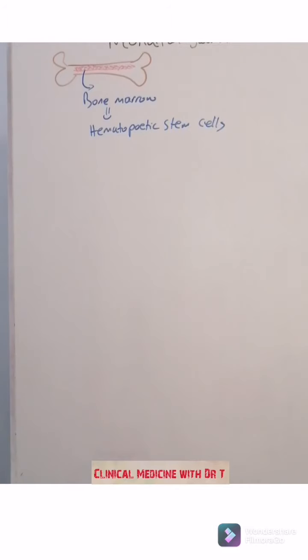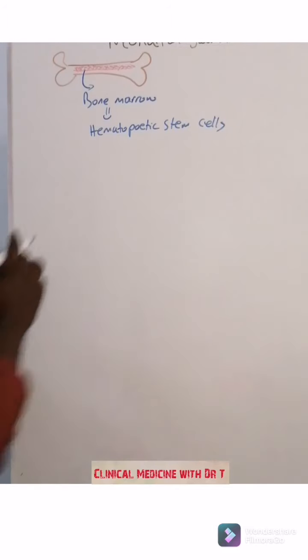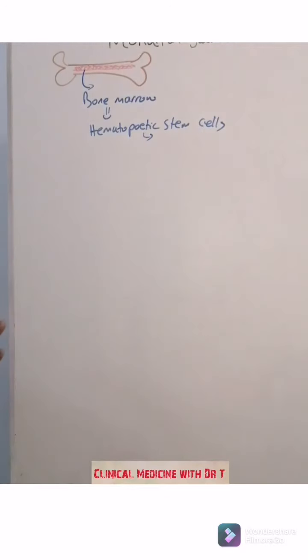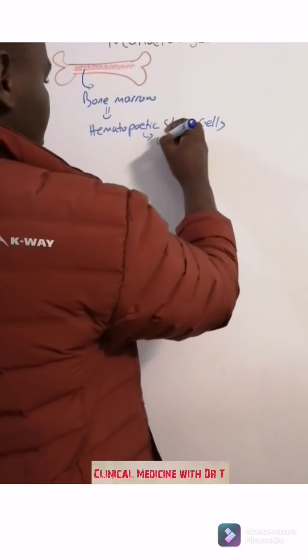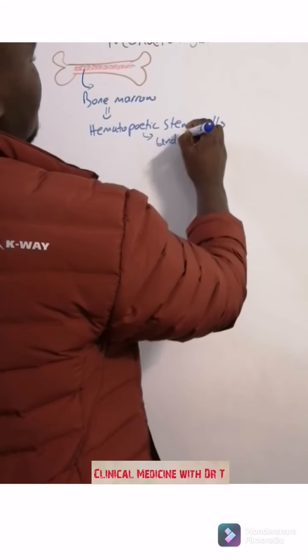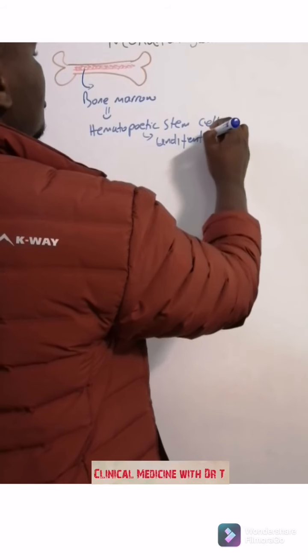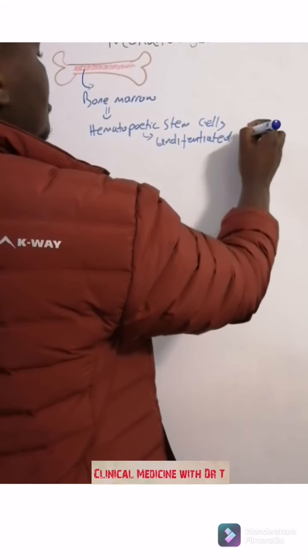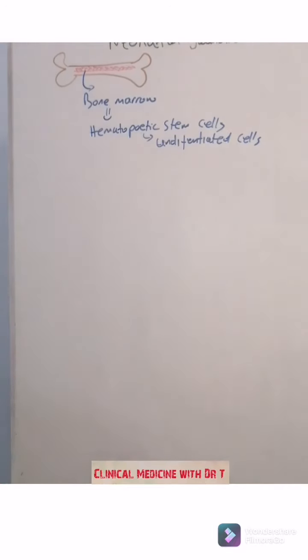Hematopoietic stem cells, or simply stem cells. I like to call them the confused cells. So they are undifferentiated cells. These cells have not decided what they want to do in life. Remember, a hair cell is a differentiated cell, a nail, a skin cell, the epithelial cells, bone cells, cardiac cells, muscle cells.